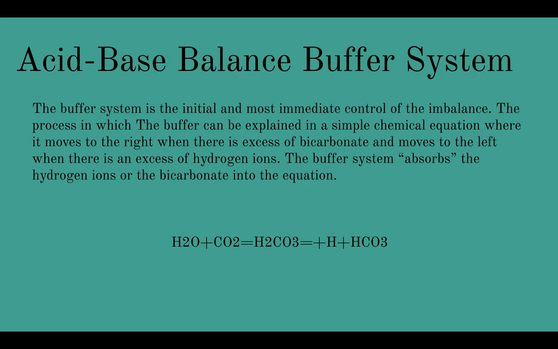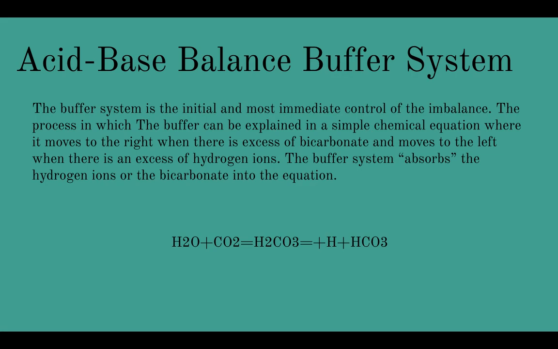So next, we're going to start off on how the balance is maintained in the body. The first, most immediate control of the imbalance is the buffer system. As I mentioned earlier, your cells create CO2 and water from metabolization. They get together to form carbonic acid and then split back up into hydrogen and bicarbonate.